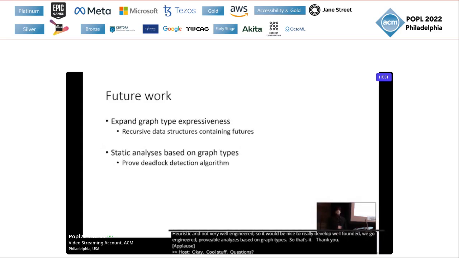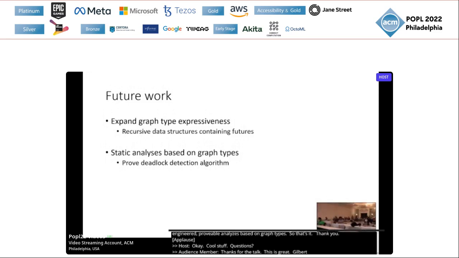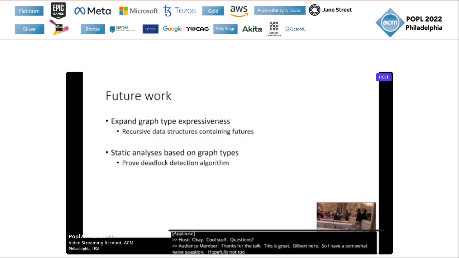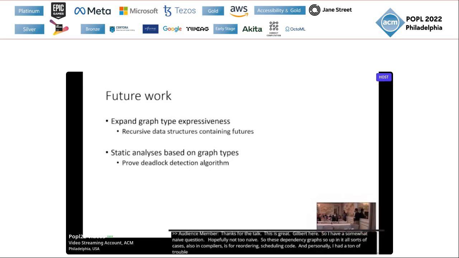Thanks for the talk. This is great. Gilbert here. So I have a somewhat naive question. Hopefully not too naive. So these dependency graphs show up in all sorts of cases, also in compilers for reordering, scheduling code. And personally, I've had a ton of trouble finding a really clear definition of what these dependency graphs are in terms of an underlying language semantics.